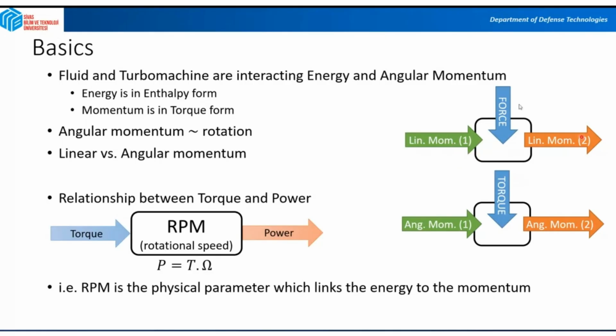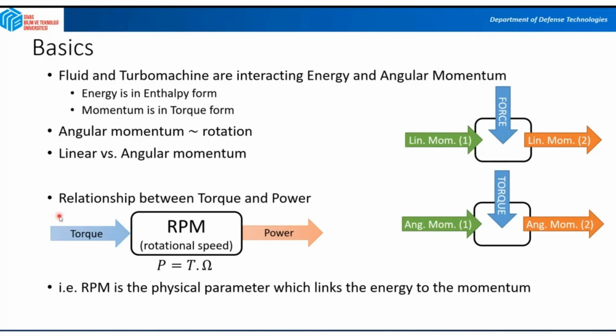And as you can see, this is the difference between linear and angular momentum. If you're talking about linear momentum, it means that some force is applied to the machine. But if you're talking about angular momentum, you have a torque applied to the machine. So when we are talking about a turbo machine, we are always talking about torque and angular momentum.